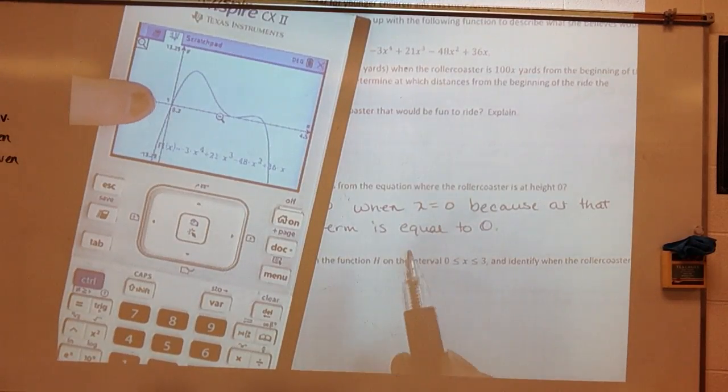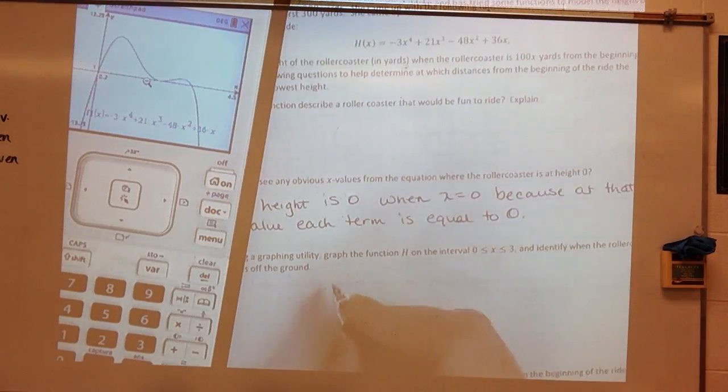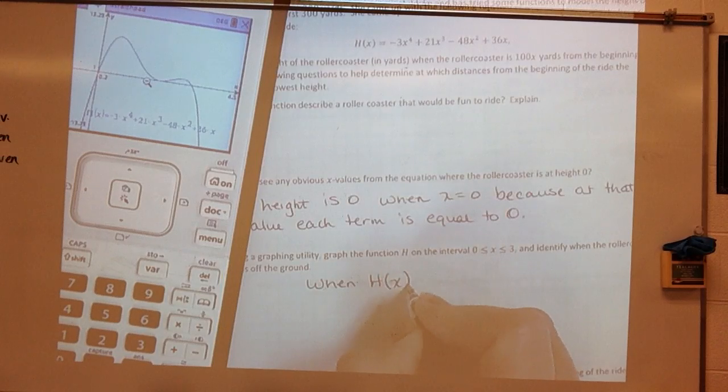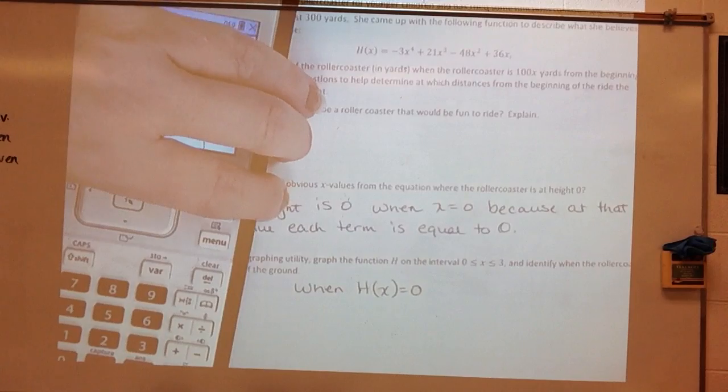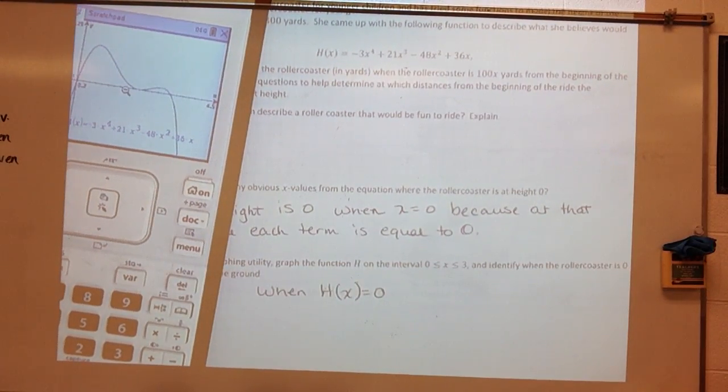Because I want h of x to equal 0, I will see that is when x is 0.